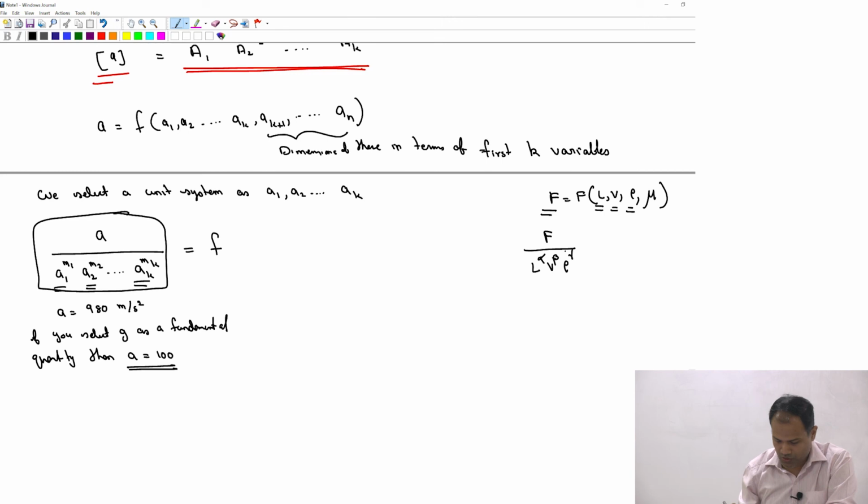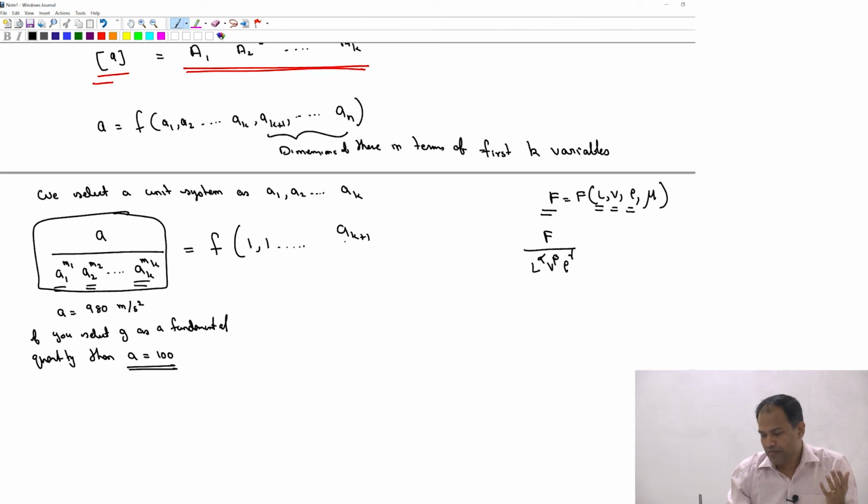I'll just write down the expression, and we'll talk about it again. A1 measured in terms of A1 will be just 1, A2 measured in terms of A2 will be just 1, and so on.